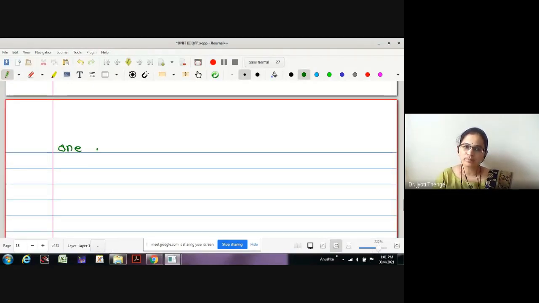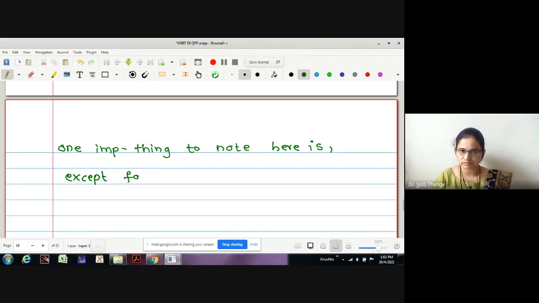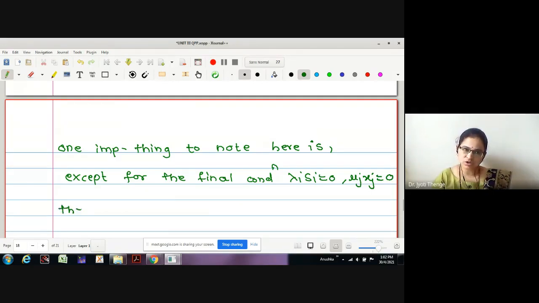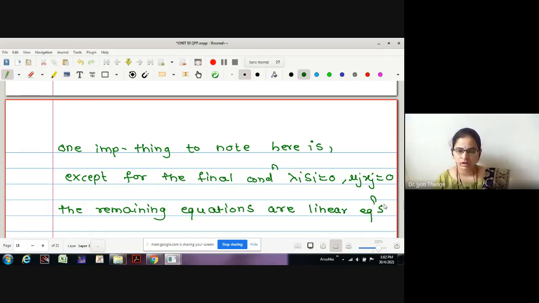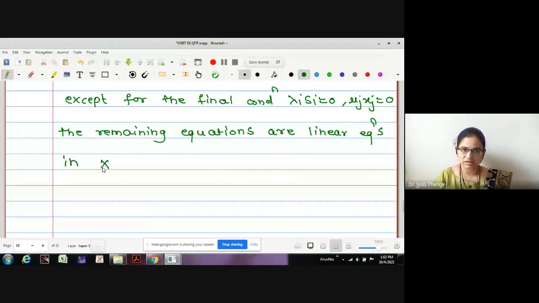Let me write one important thing to note here: except for the final conditions, lambda i si equals 0 and mu j xj equals 0, the remaining equations are linear equations in x, lambda, mu and s.